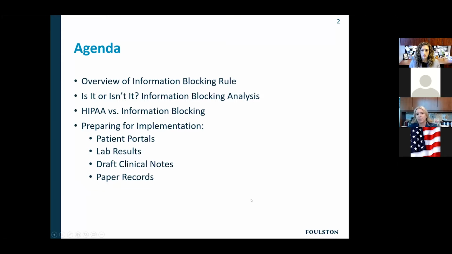We're going to talk about HIPAA versus information blocking. You'll notice there are some similarities where information blocking is kind of piggybacking off HIPAA, and in other places there are some differences, and we're going to walk you through those so that you'll be able to recognize that in your organizations.